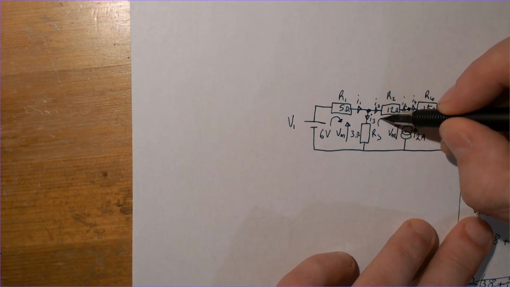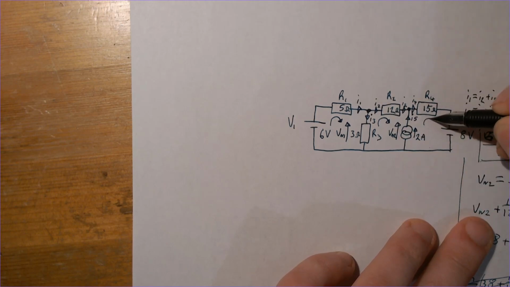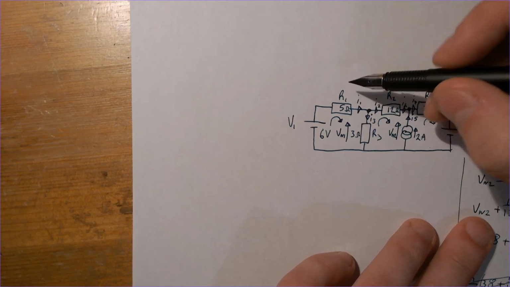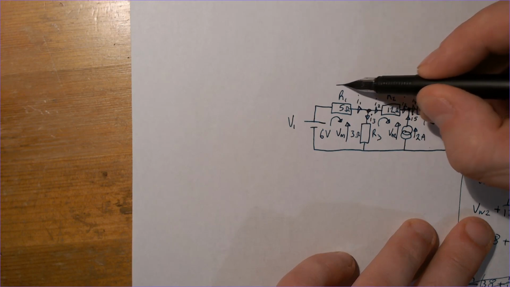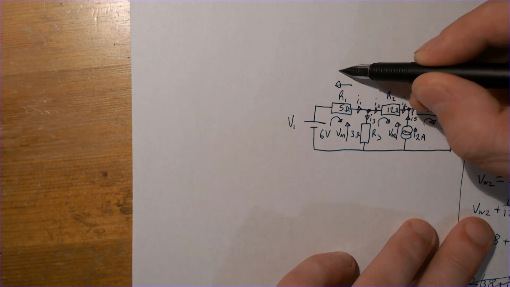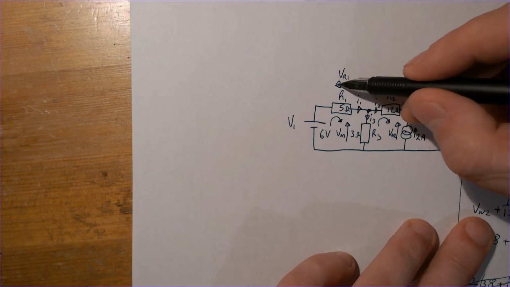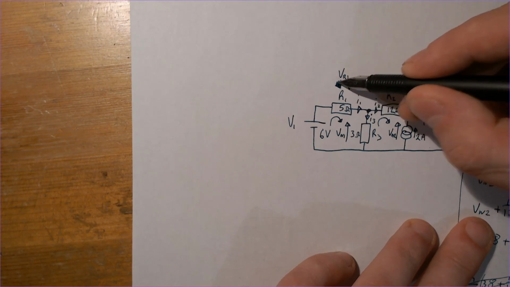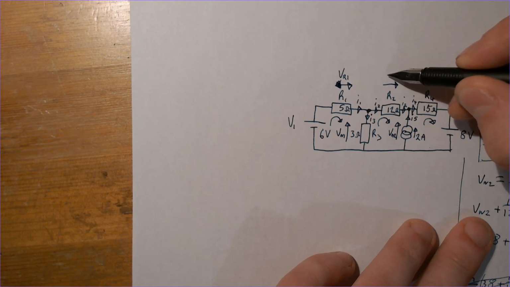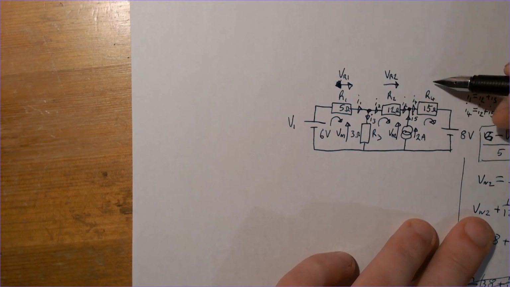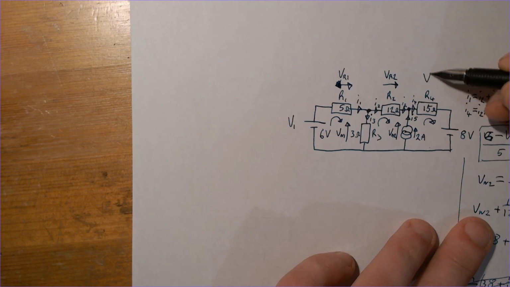Same with this loop and this loop. Let's call that VR1. Let's make that point the same way as the loop. There we go. VR2 and that VR3 goes that way across there.